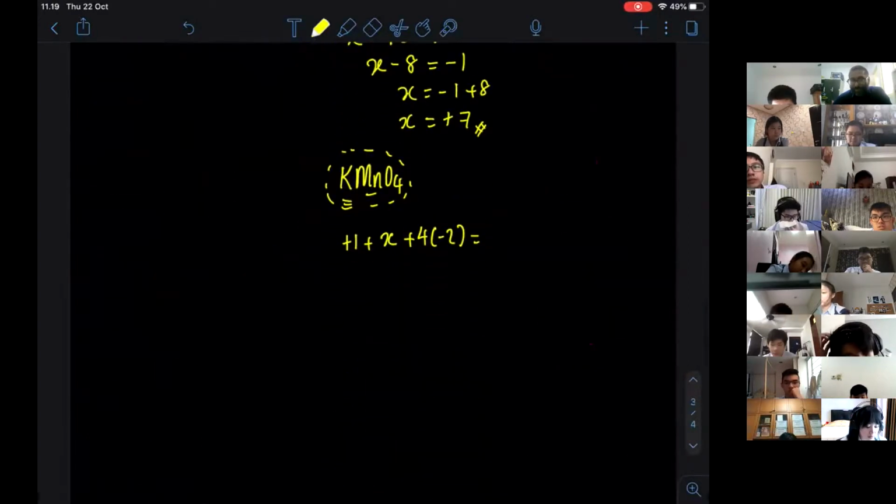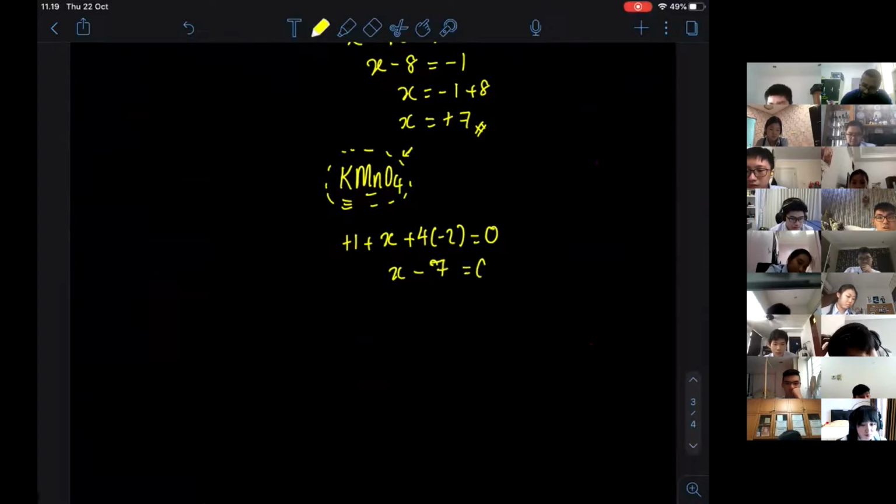You don't see any charge over here, so it's going to be 0. So X minus 8 plus 1 minus 7 equals to 0. X equals to +7. You still get the same answer. So the oxidation number for Mn is +7.